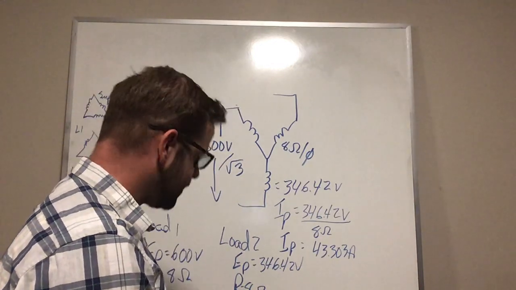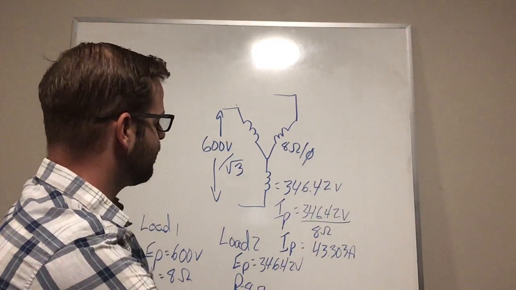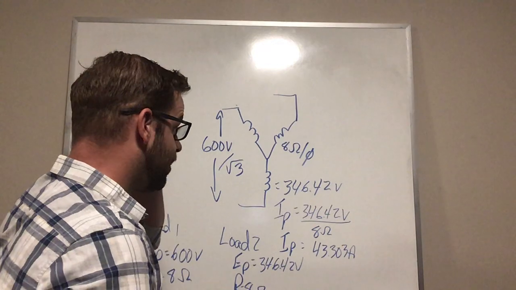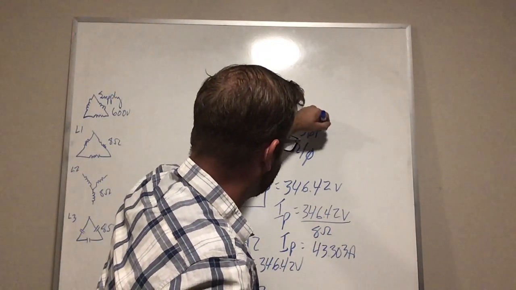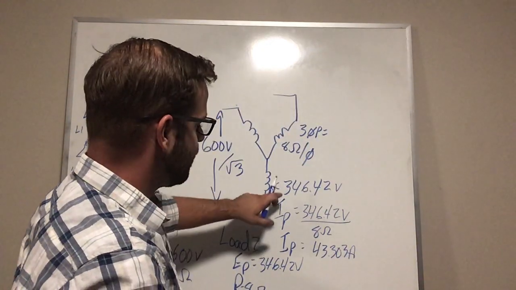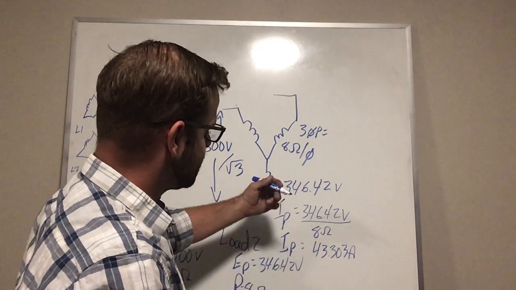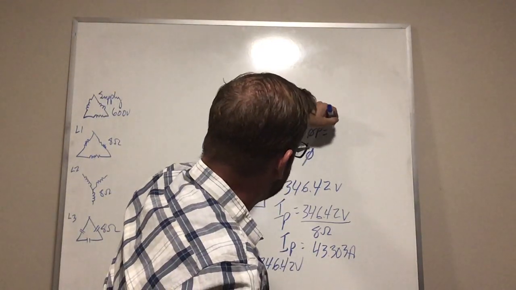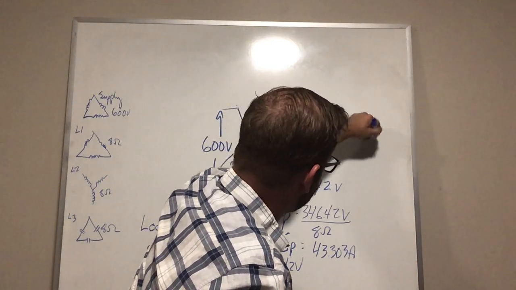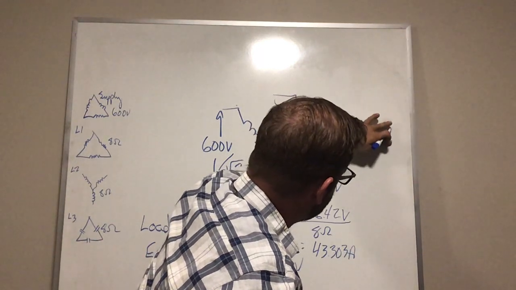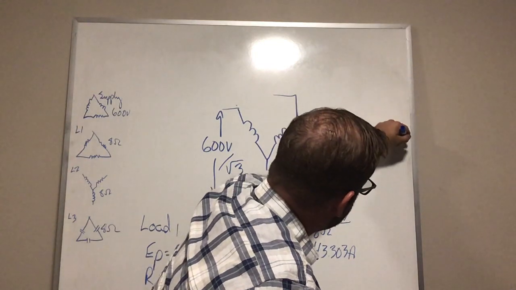And now let's find our three-phase inductive power, which is going to be in VARs. Three-phase power will be our volts per phase times our current per phase times 3. So 346.42 times 43.303 times 3.